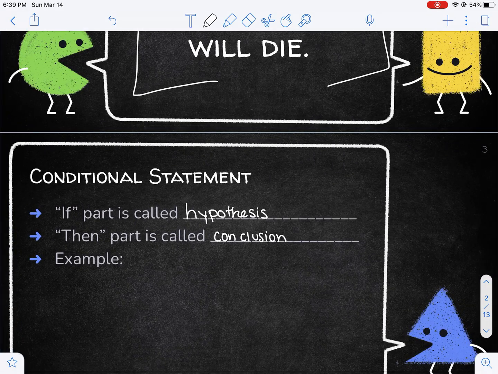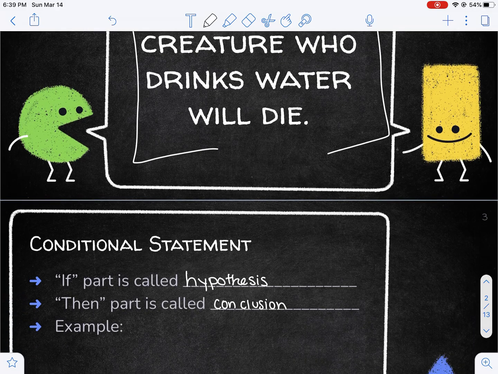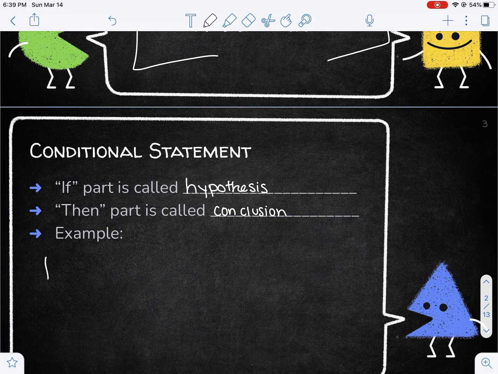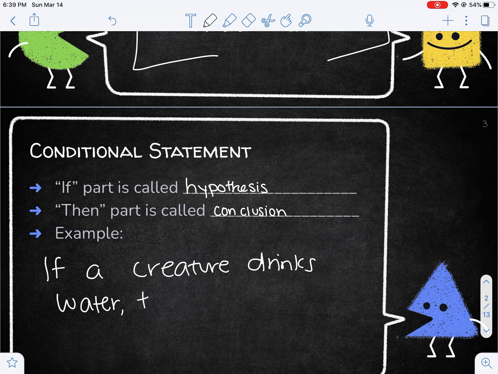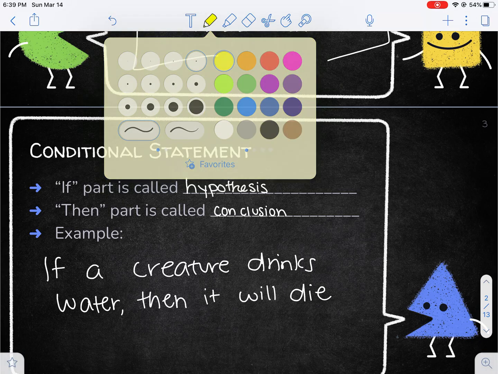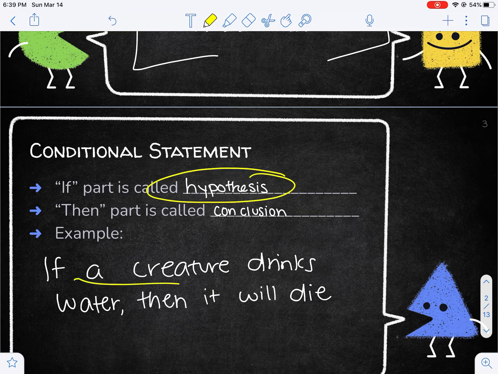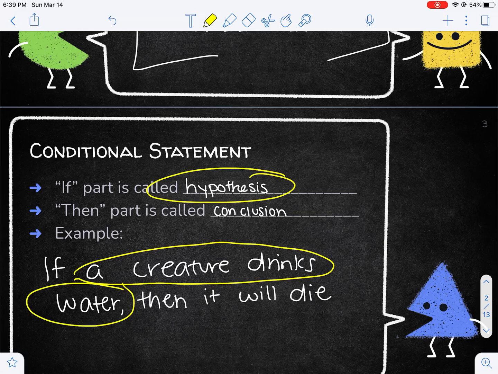So if I go back to that example, every creature who drinks water will die, I could write that as if a creature drinks water, then it will die. Notice the hypothesis is a creature drinks water. The conclusion, it will die.